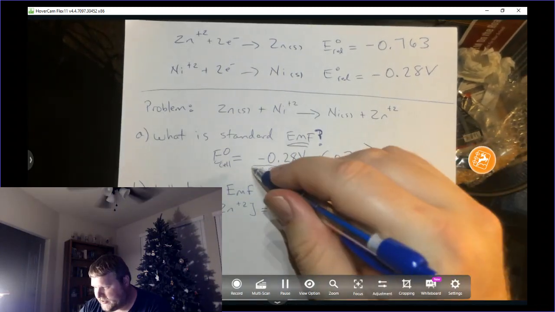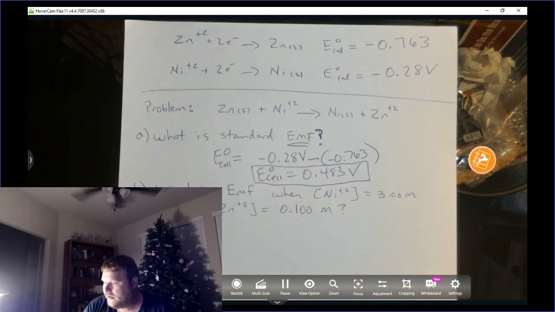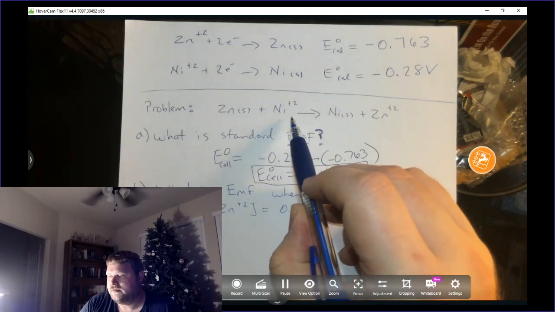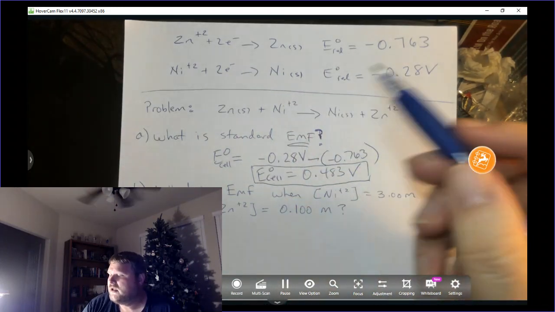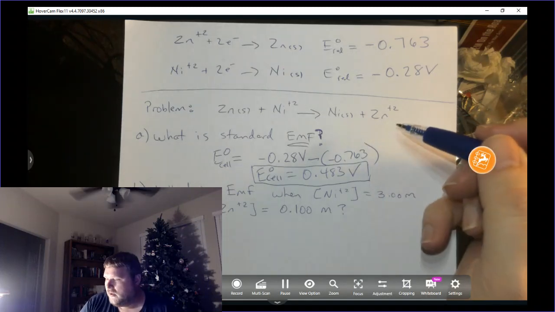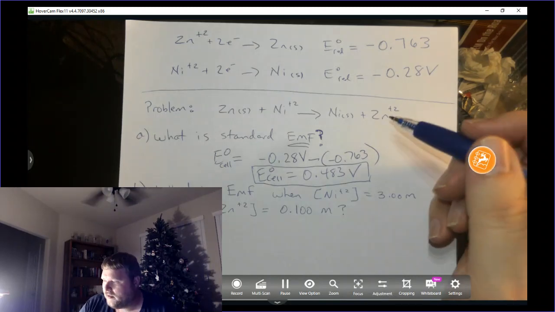Yes, sig figs say 0.48, so if you want to put 0.48, go for it. All right, so that's standard. Everything here was 1 molar. We had 1 molar nickel 2 nitrate, whatever it was, and 1 molar zinc nitrate, whatever that was. I promise I don't have corona.